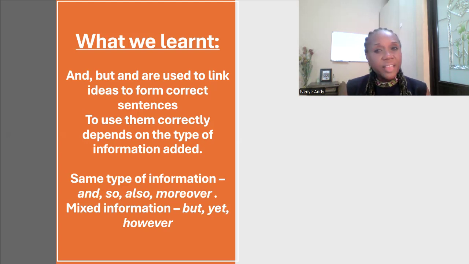If we are adding the same type of information, positive, positive, negative, negative, we will use and, and other words like and, remember, also, moreover, furthermore, and the rest. But if we are mixing different types of information, one positive, one negative, however you mix them up, you cannot put and. It has to be but, yet, still, however, and the rest.